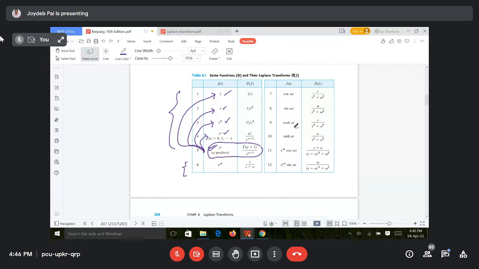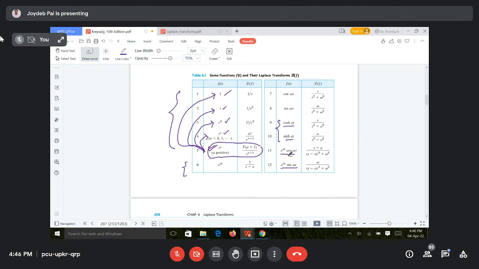So cos hyperbolic at is s by s square minus a square, and sin hyperbolic at is a by s square minus a square. So you can use these two formulas directly also. Fine. And these 11 and 12, I don't recommend remembering these two because there is some property. By using those properties, you will get the Laplace transform of these two.